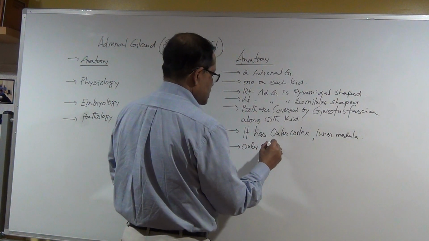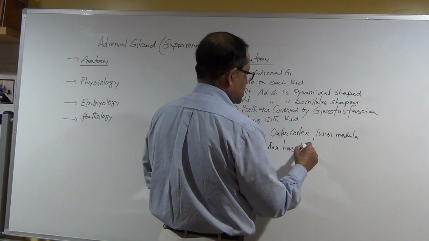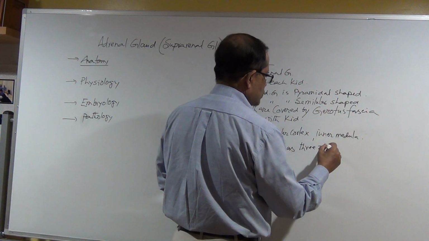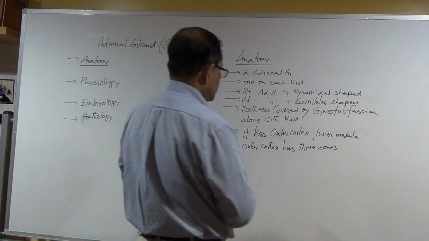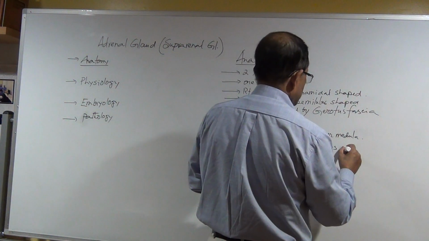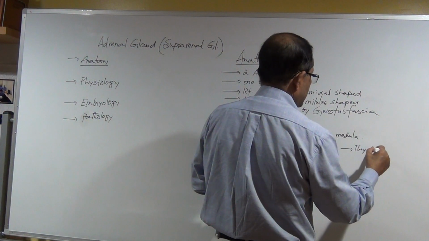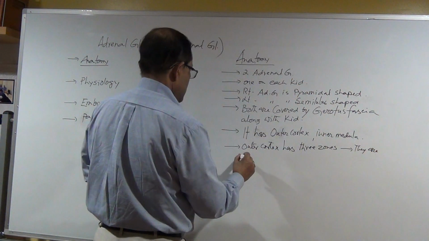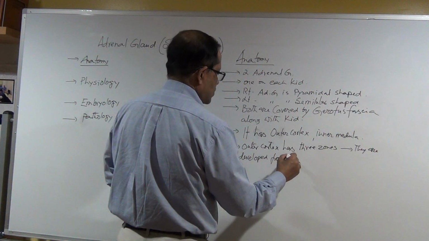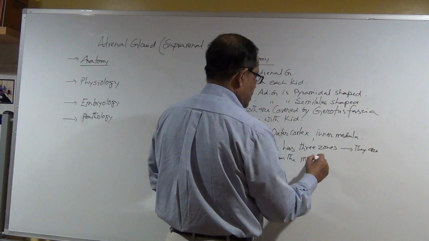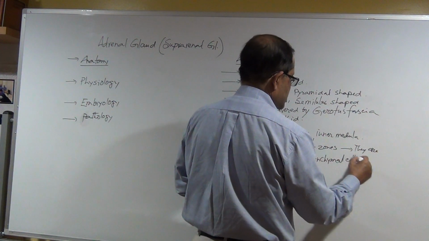The outer cortex has 3 zones. They are developed from the mesenchymal cells.